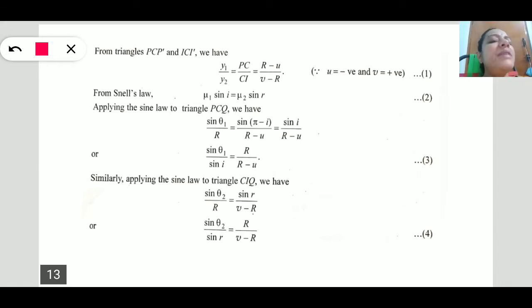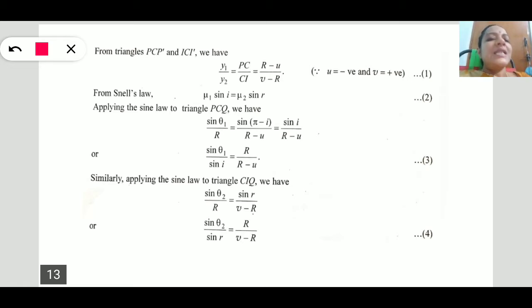This PC can be written in terms of the radius of curvature and the object distance, that is R minus U, and CI can be written as V minus R. Here U is taken as negative because it is opposite to the direction of the incident light rays. So U is negative, V is positive.